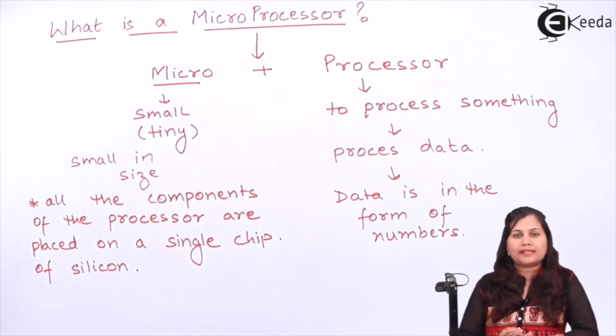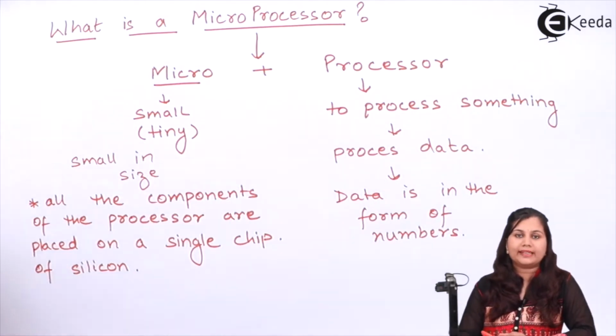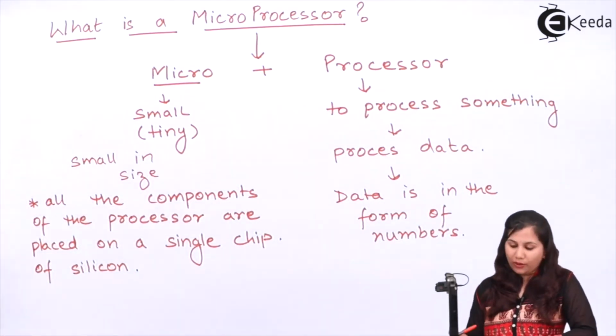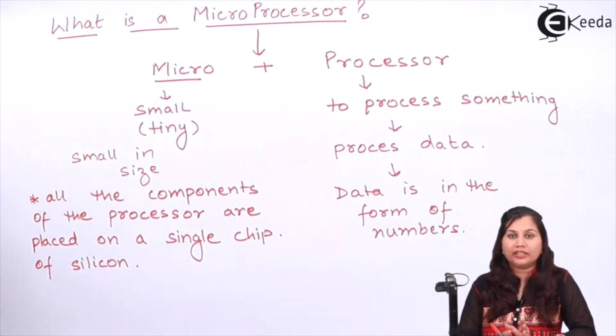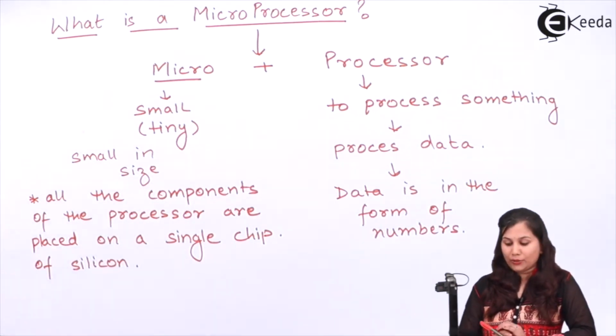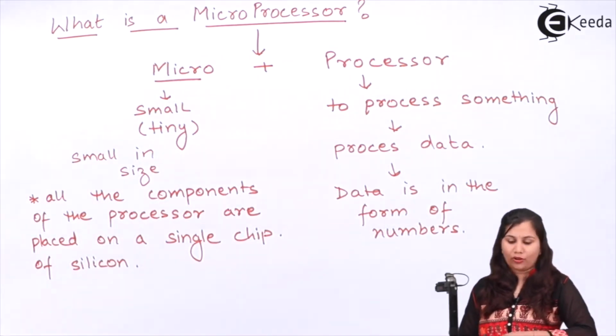Nowadays, microprocessors are very commonly used in mobiles, in TVs, in all electronic devices. In radars and satellites also, its applications are increasing. So it is playing a very important role in today's technology.